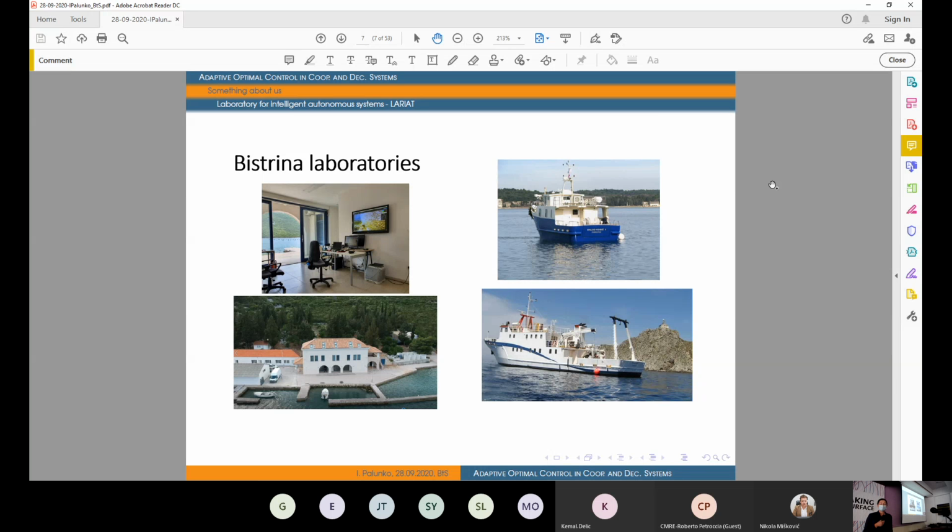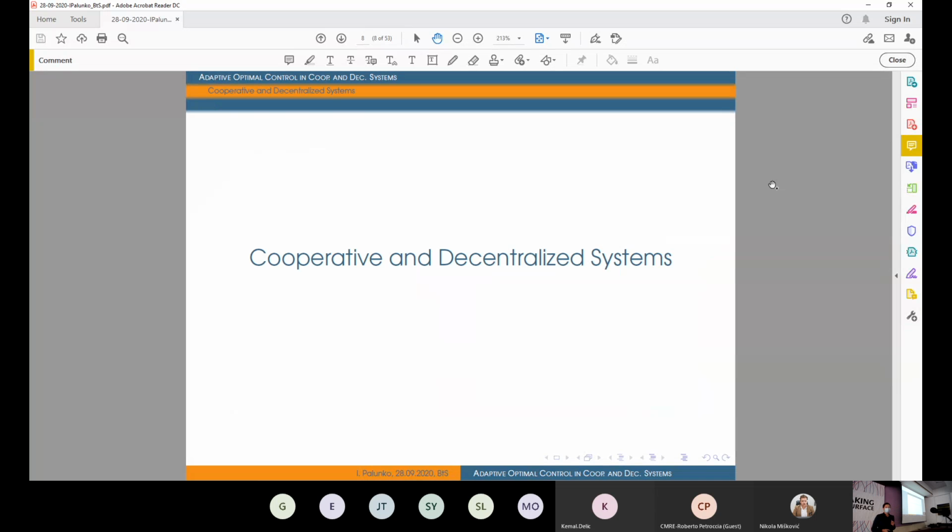And regarding the infrastructure, we also have 2 university ships that we can use, and we are very happy to go with our colleagues from the Institute to do different kinds of applications for their research. So therefore, we get new ideas for research projects and collaboration. Okay, so that would be about us.